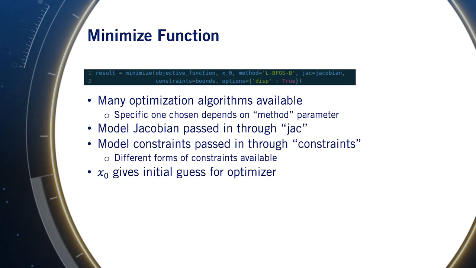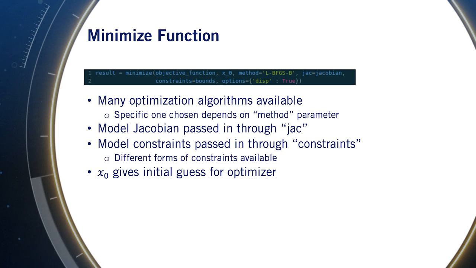The constraints are passed to the constraints variable as a list of constraint dictionaries or objects. In addition, there is also the optional options parameter, which advanced users can use to customize things like what is output by the optimizer. These optimization algorithms also require an initial guess for the optimization variables for the model or objective function, and this is given by x0 in the function call.